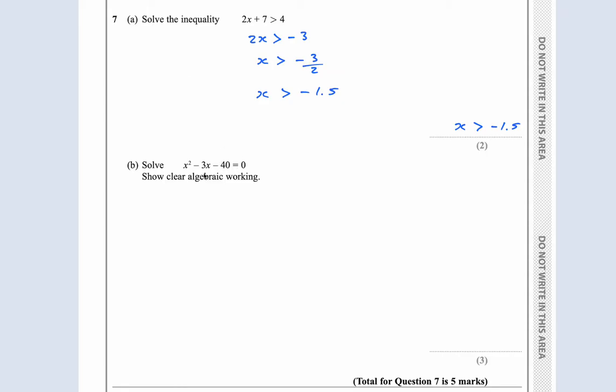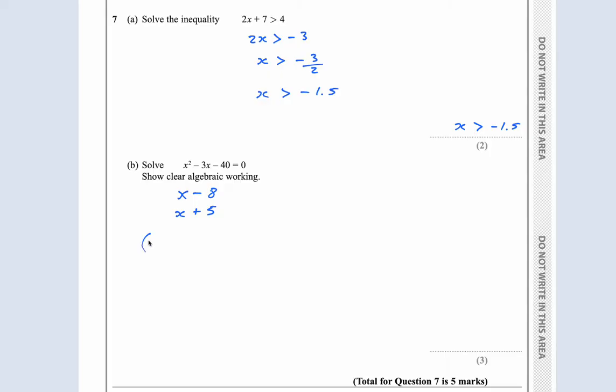This one, well, it's not easy. It is a quadratic that we need to factorize. So the factors of x squared are x and x. The factors of 40 are 8 and 5. 8 and 5 will give me 3, but I need a minus 8 and a plus 5, because that will give me minus 8x plus 5x, which gives me the minus 3x that I need.